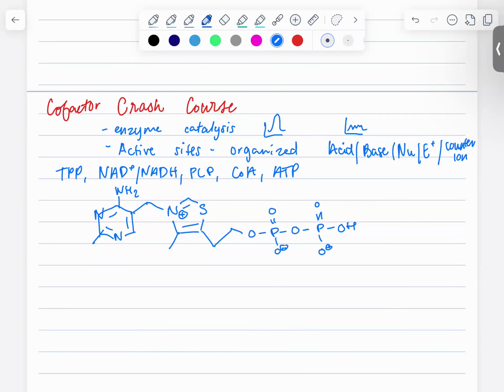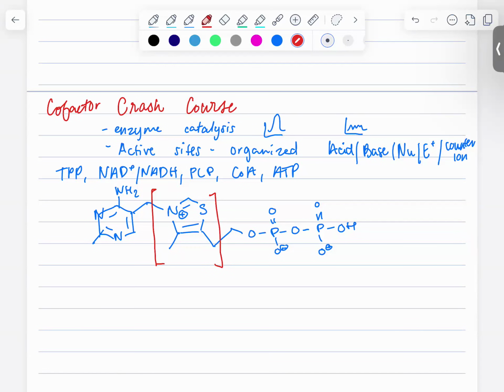Does anyone know what part of this molecule is the important part? Not quite. It's actually going to be this heterocycle in the middle.